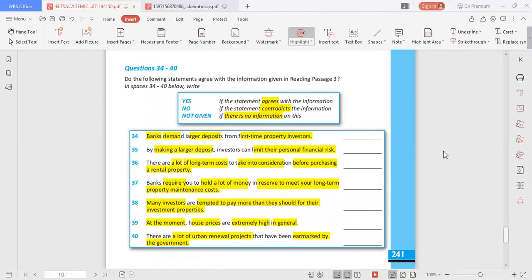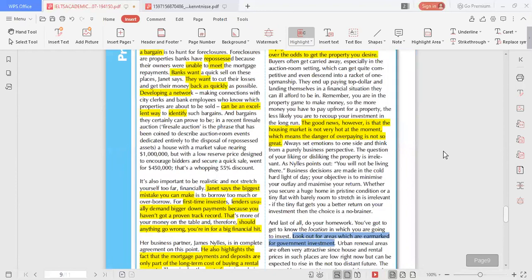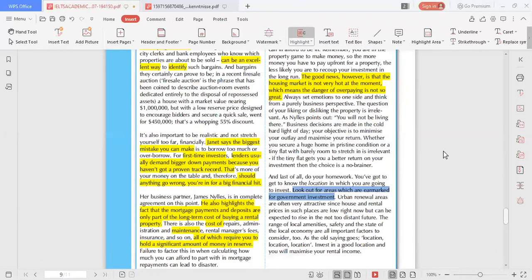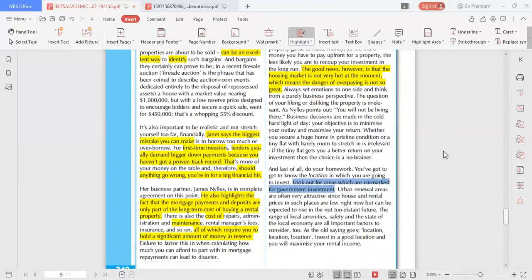So I read the text and I see, okay, so there is actually something about the larger deposit that is here, down payment. So we read around it and then we go to this sentence and it says, that's more of your money on the table, and therefore should anything go wrong, you're in for a big financial hit.